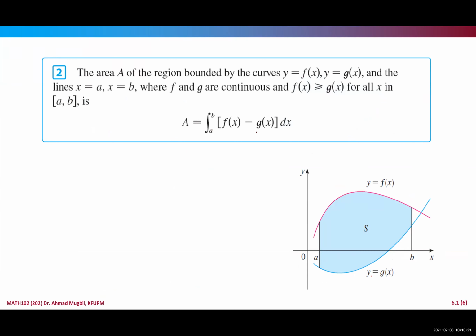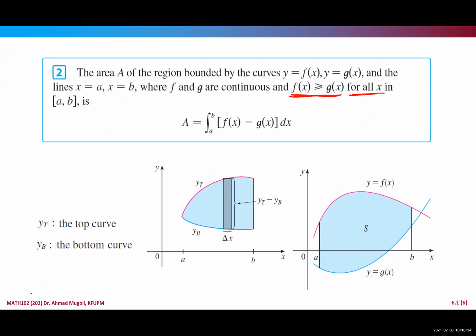But you have to be sure here that f is greater than g for all x in that closed interval. We will see the other case later. So this is the y top and the y bottom, the top curve and the bottom curve, the upper curve and the lower curve.